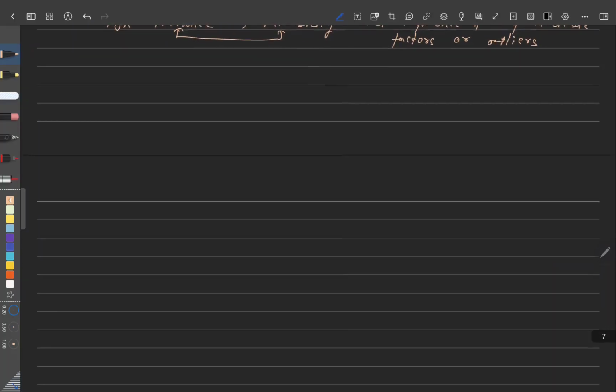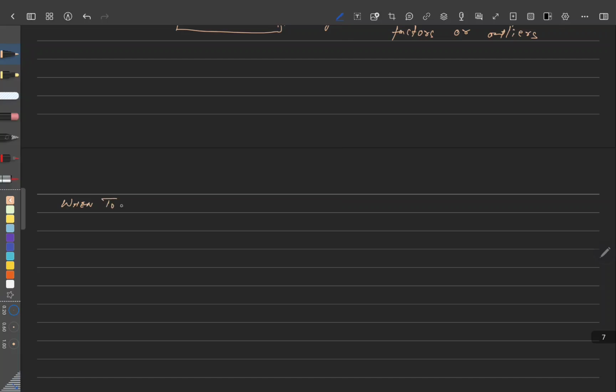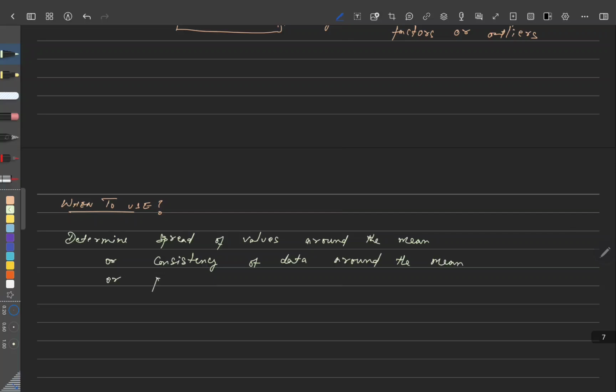Okay, now next is when to use. So you can use it to determine the spread of values around the mean, or in other words, to determine the consistency of data around the mean, right, or even predictability.